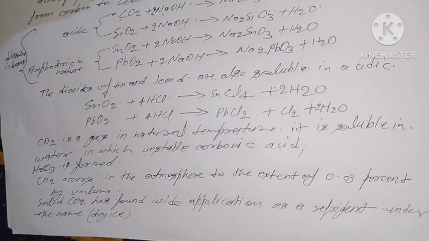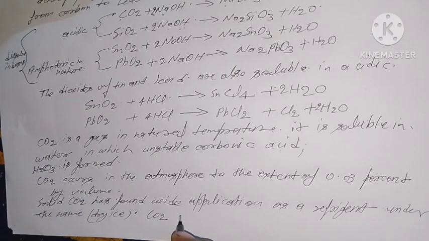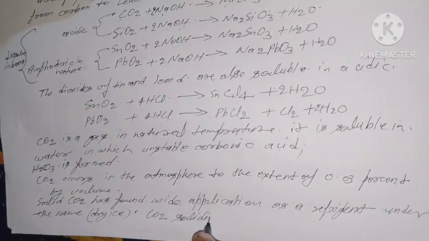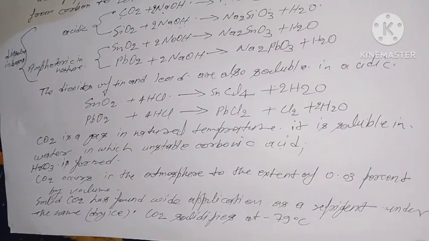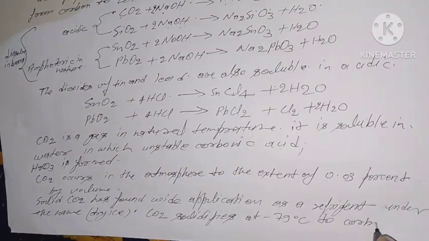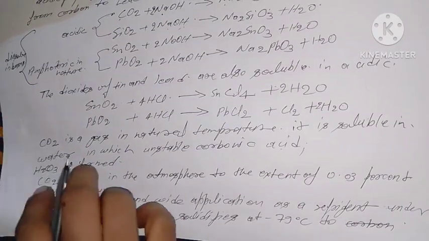Carbon dioxide solidifies at minus 79 degrees Celsius to carbon dioxide snow, and it is also used as a fire extinguisher.